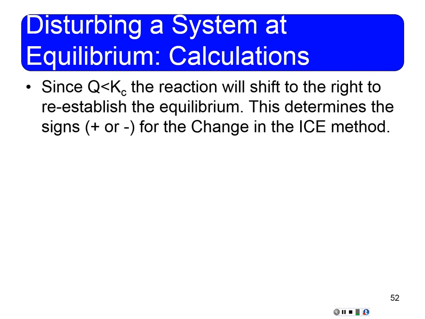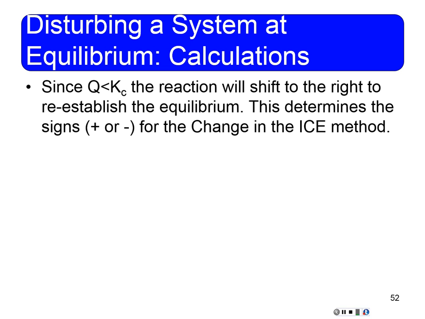Q is less than KC, right? So here's KC. Q's down here. The whole point of these first 2 steps is to determine this. You're monitoring the reaction. Q is now less than KC, so the equilibrium is going to have to shift to the right. If it's shifting to the right, what are you forming?